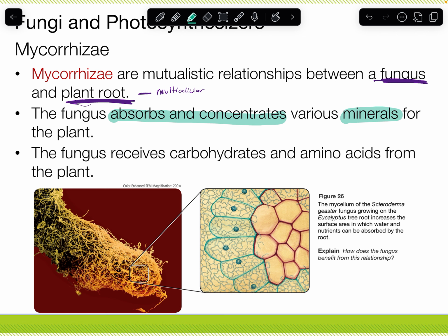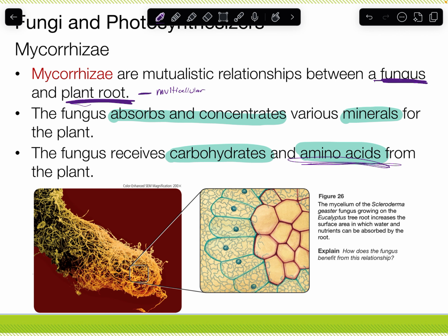And in return for giving the plant all of these things, the fungus gets carbs and amino acids. Because remember, this is a plant, and that plant is going to be doing photosynthesis, making carbohydrates, so it's going to send some carbohydrates down to the fungus, along with any amino acids that get made from their cellular processes.